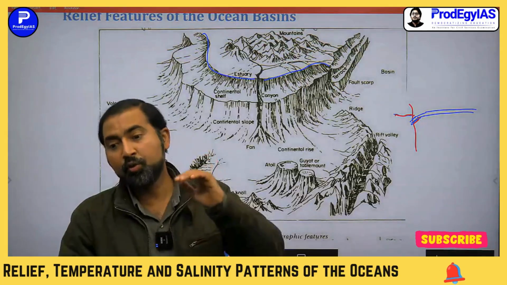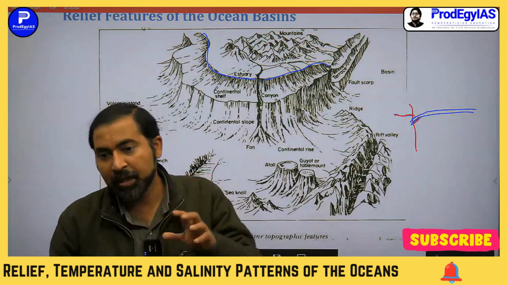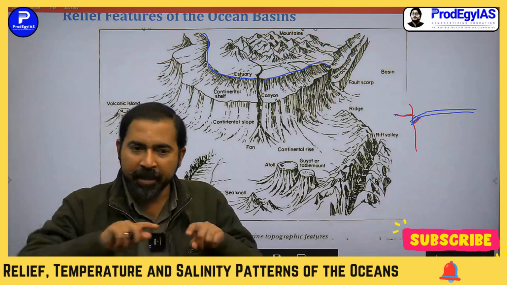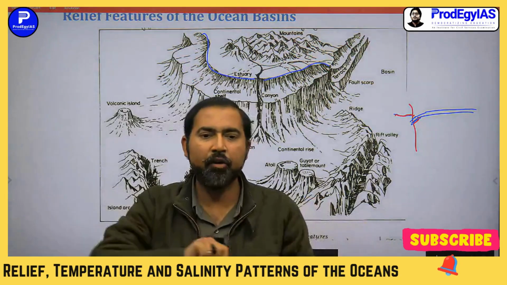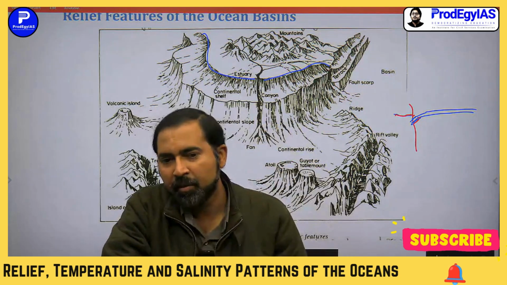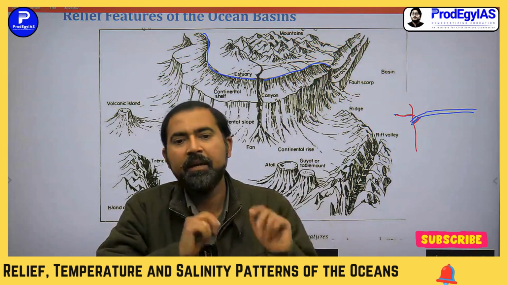Its mouth should be above the sea level, so that it can deposit the sediments first there, then it will make distributaries over that delta formation, and then it will dive into the sea. This is the whole mechanism of delta formation.